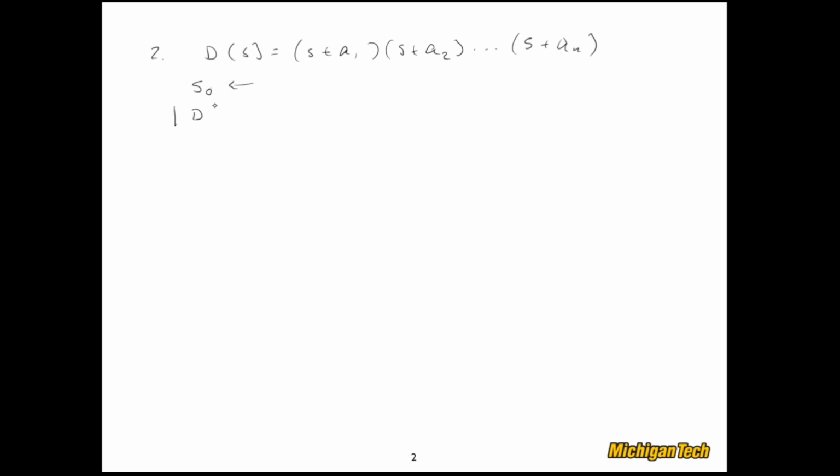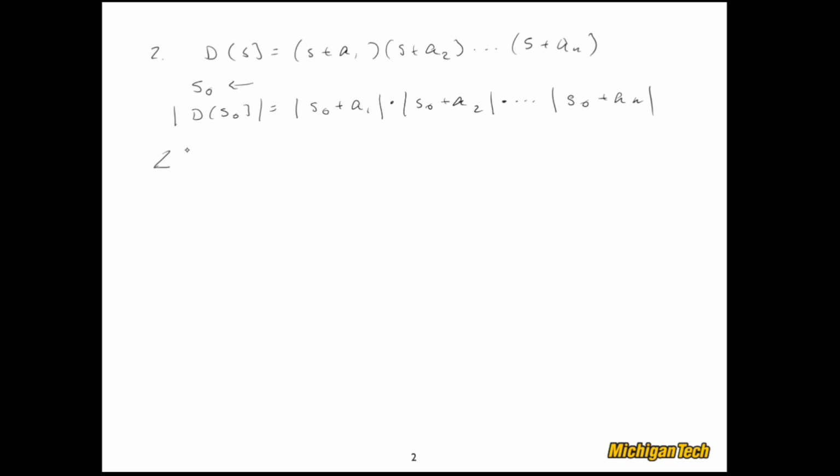So the magnitude of d at s0 is equal to the magnitude of that complex number s0 plus the complex number a1. And then we multiply it by s0 plus a2, dot dot dot, all multiplied together, s0 plus an.